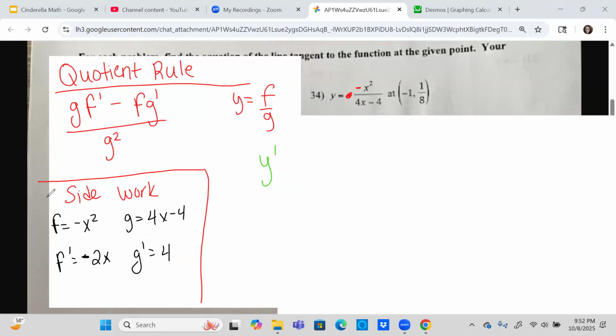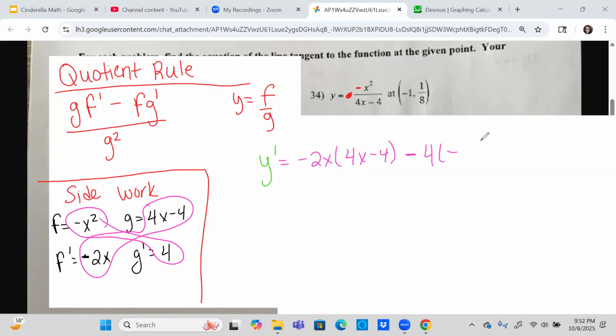Here we go. Try that again. y prime, g f prime. There we go. Negative 2x times 4x minus 4 minus f g prime. There we go. 4 times negative x squared all over the original bottom squared.